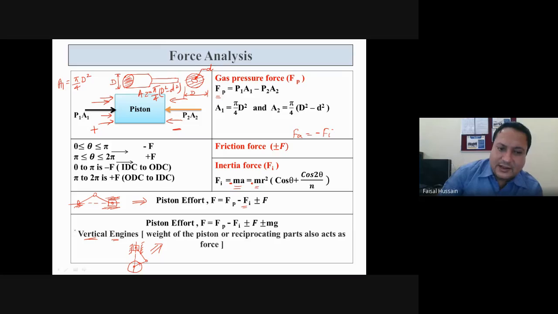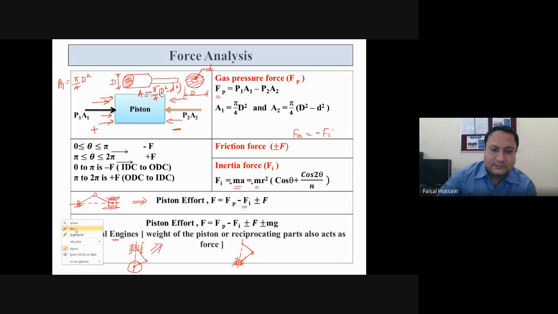It depends upon the position of this system, either it is like this or like this, according to this position. Here it will be a fixed point.